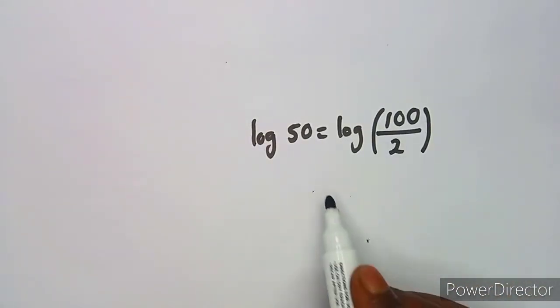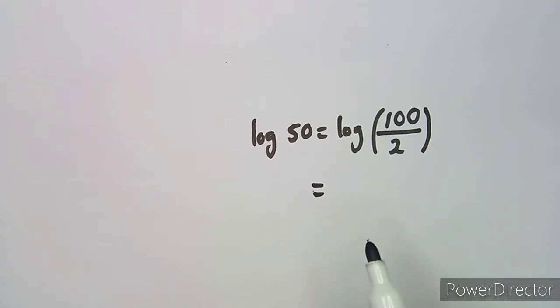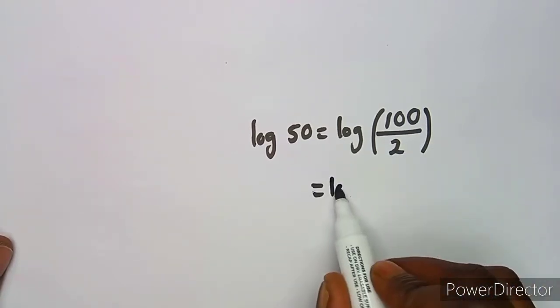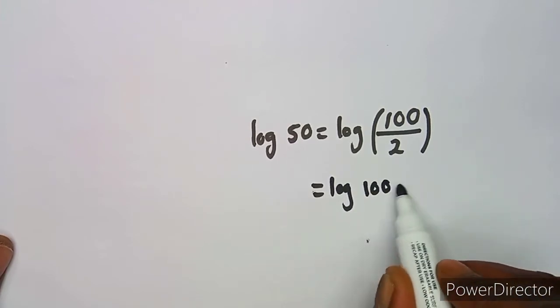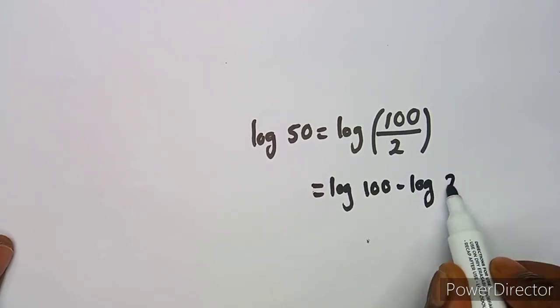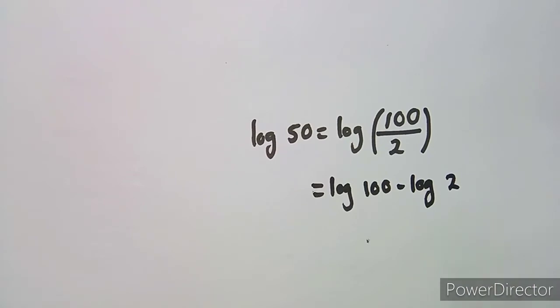So this one, what does it mean? Remember from your laws of logarithms, when you are dividing like this, it means you are going to subtract the logarithms. So this is going to be log 100 minus log 2. Log a over b, you subtract. Now you can substitute, because the value of log 100 is known.